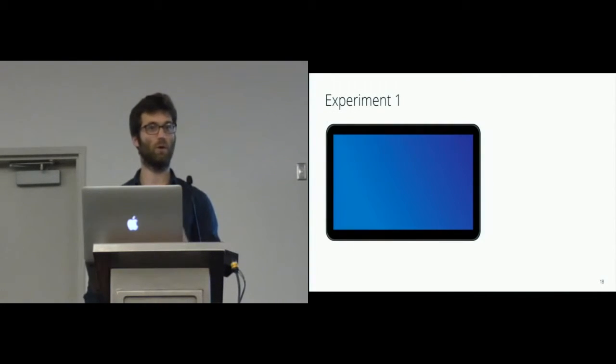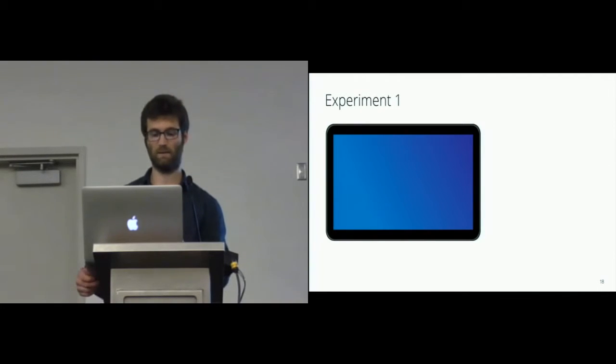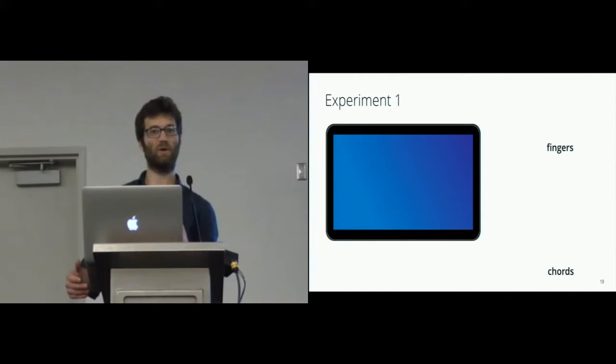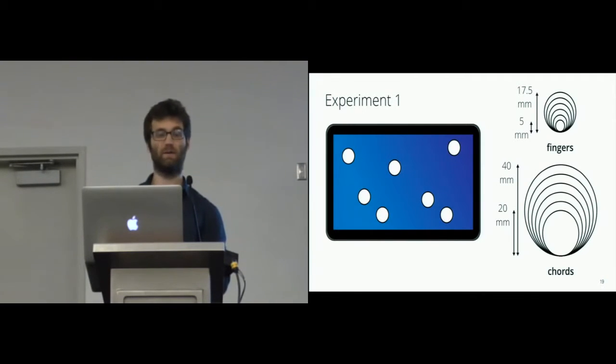Our experiments were all run on a Nexus 10 tablet. The first question we wanted to answer is, what sizes should we use for the targets to avoid the fat finger problem? So in a first experiment, we displayed circular targets at random locations using 6 different sizes, and we asked participants to tap targets without giving them any instruction for speed or accuracy. And no error feedback was displayed.